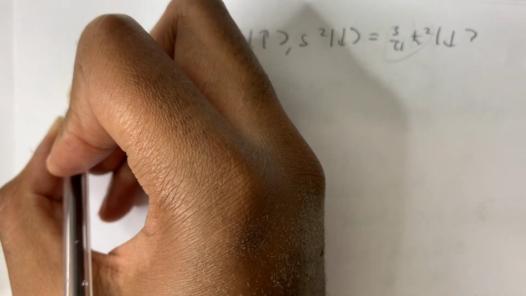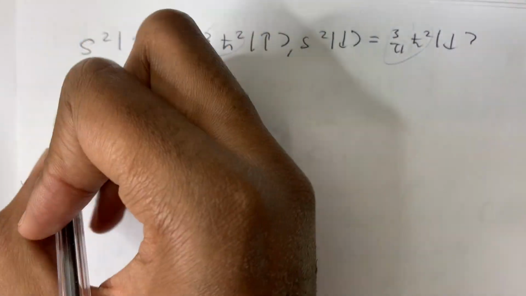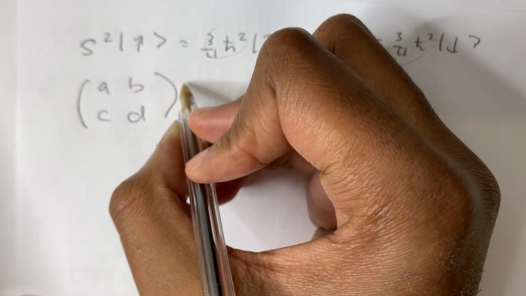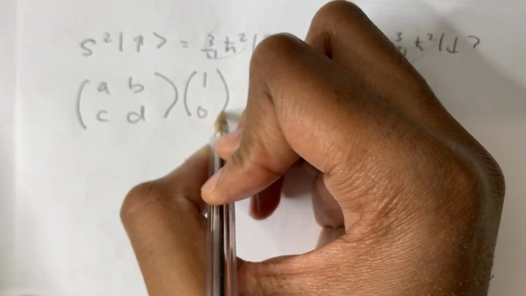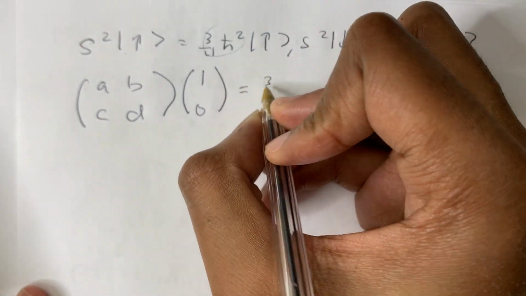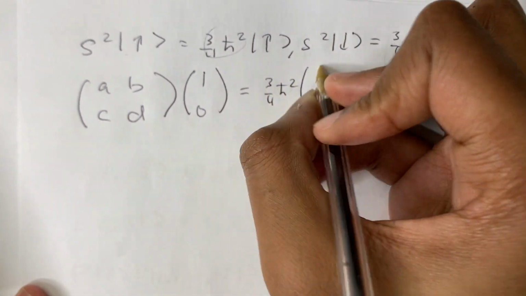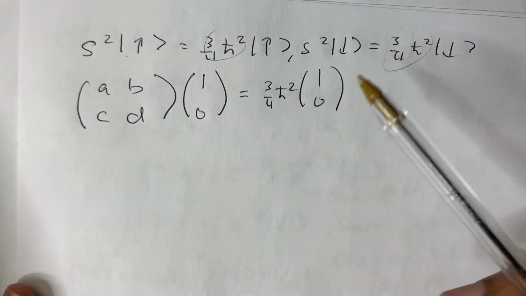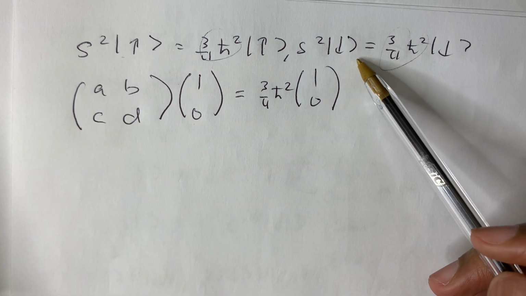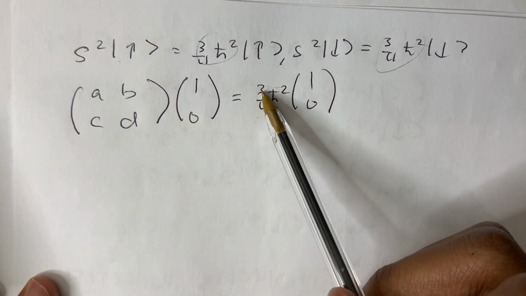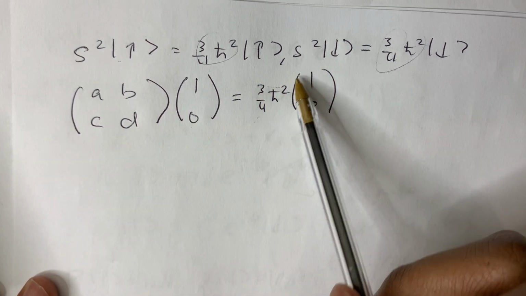So let's write s squared as the matrix A, B, C, D. It acts on (1, 0), the spin up state, and gives us 3 over 4 h bar squared times the spin up state. If you are confused about why spin up is (1, 0), I recommend watching my first video on spinors.